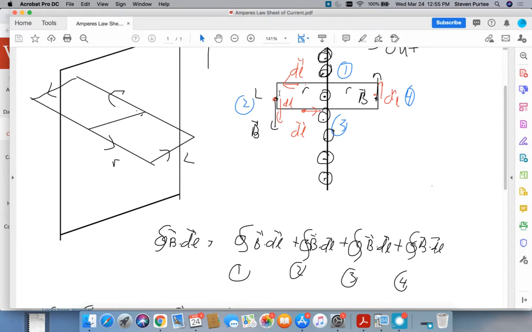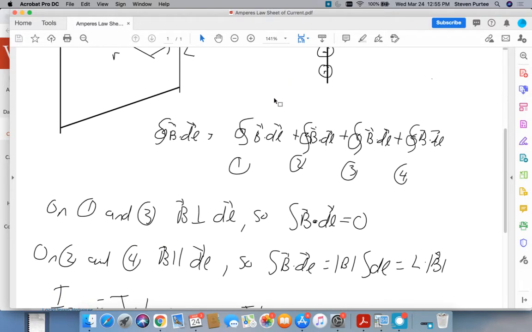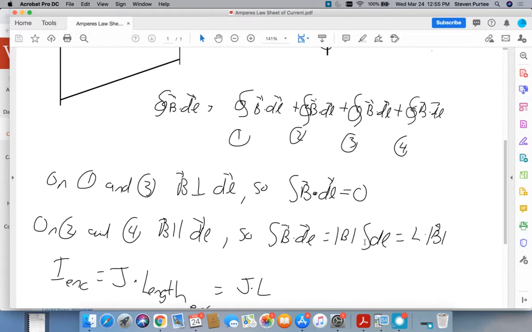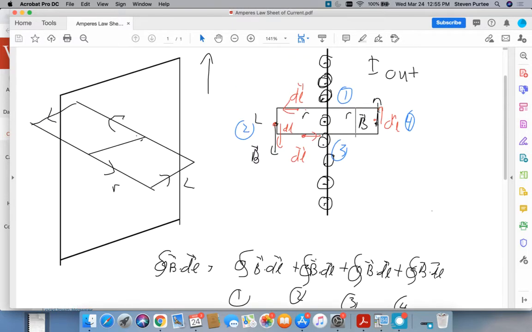What about 2 and 4? B points up, dL points up. Those are parallel. Similarly over here on 2, B points down, dL points down. Those are parallel. The dot product of parallel vectors is the product of the magnitudes. So on 2 and 4, B dot dL would just be magnitude of B times dL, or the integral of dL. That's just the length. How big was this side here?